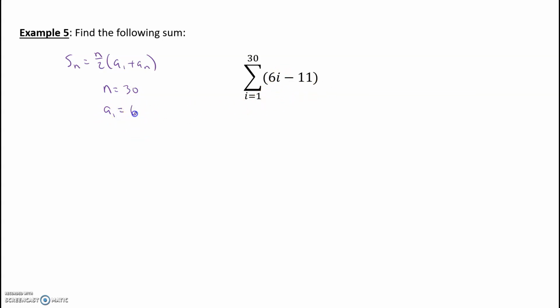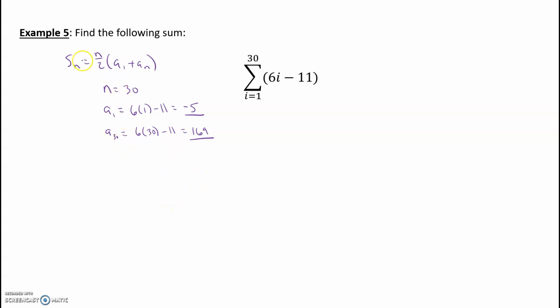So it would be 6 times 1 minus 11. 6 minus 11 gets me negative 5. So there's my first term. And then we need the 30th term. So a sub 30 is 6 times 30 minus 11. 180 minus 11 gives us 169.